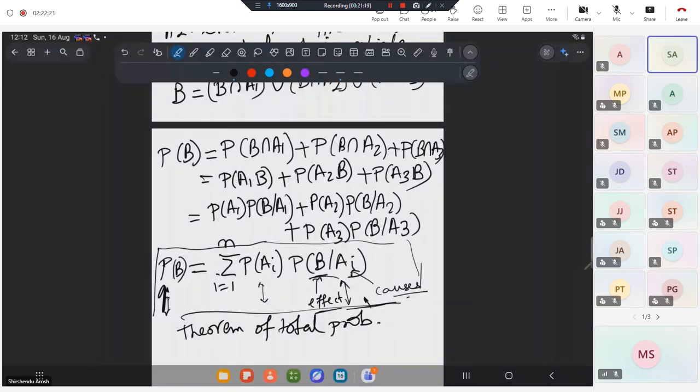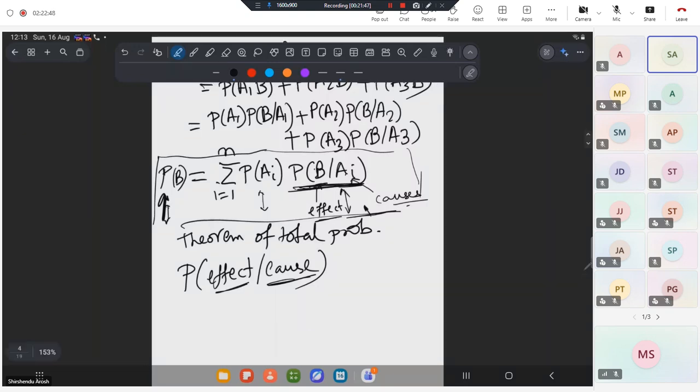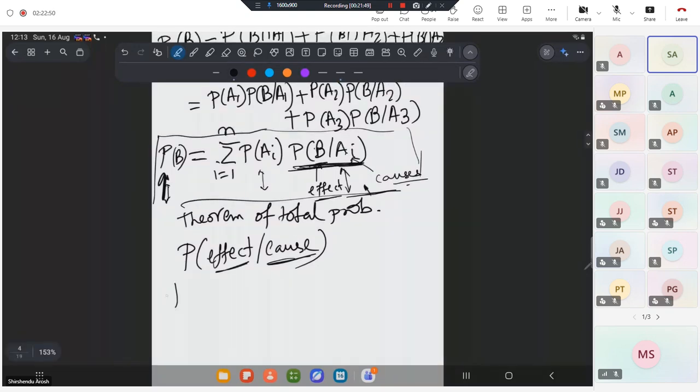Now, if you observe this line, on the left-hand side you have the effect, and on the right-hand side you have the causes. Given that a cause has happened, we are trying to find the probability of the effect. What if I try to find the opposite? Given that I know the effect, what is the probability of the cause?